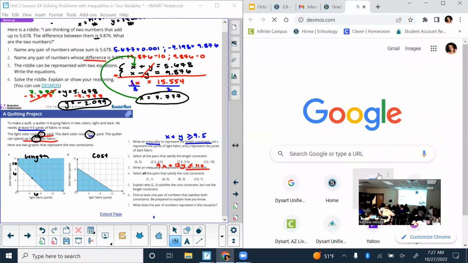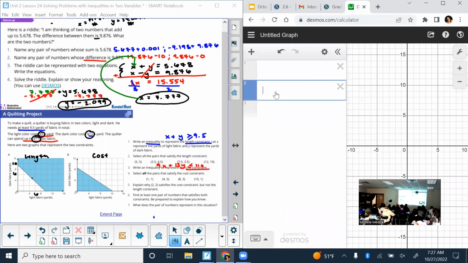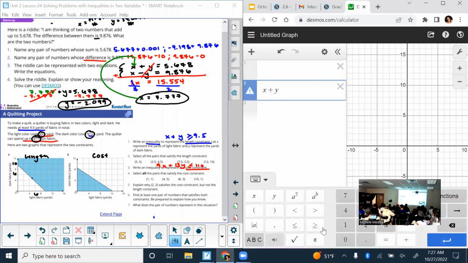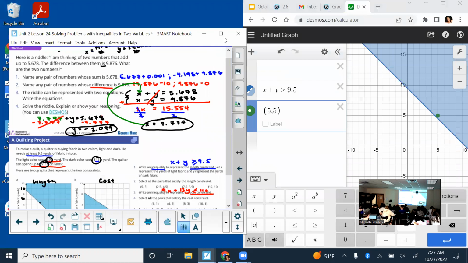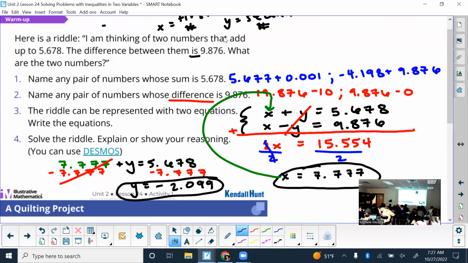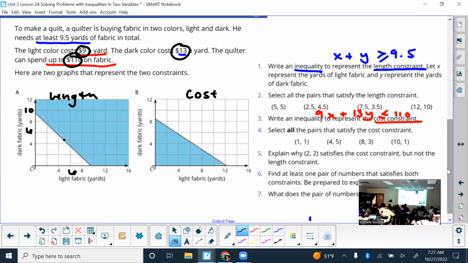I don't want you to fully rely on Desmos, but it is a great tool that you have access to. So if I type in that length constraint, and then I also type in that coordinate, is it in the shaded area? Yeah. So if it looks a little weird on your paper and you can't tell for sure, check it in Desmos. So yeah, that one is a combination that satisfies the length constraint.